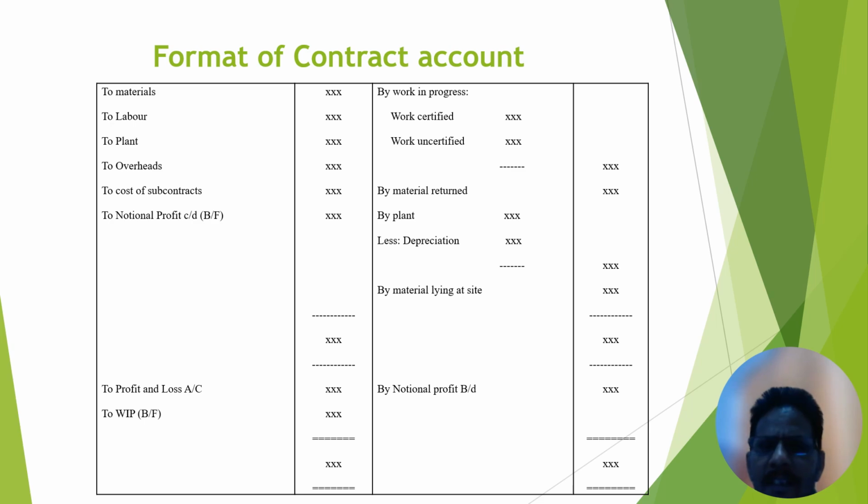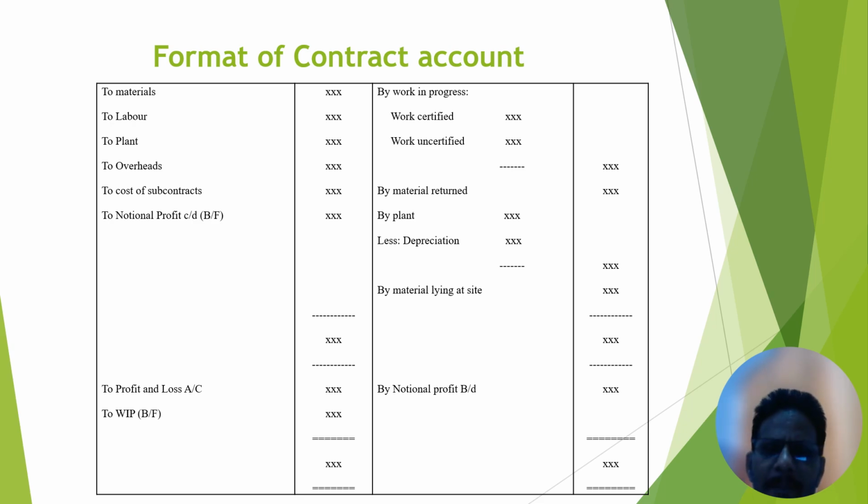After that, under this we mention if we have any material on site or material returned to another contract account, then here we mention it. Regarding plant, here we subtract the depreciation amount and the remaining we mention here. So through this process we net plant depreciation account in the debit side.